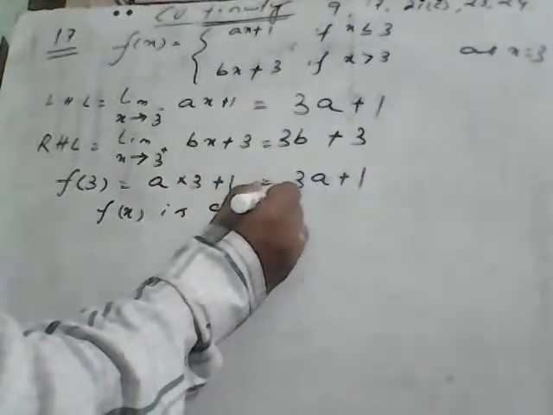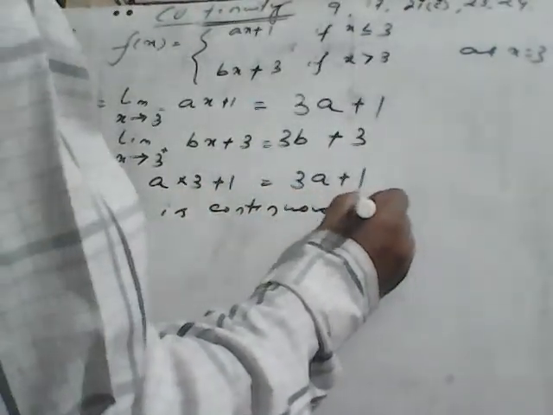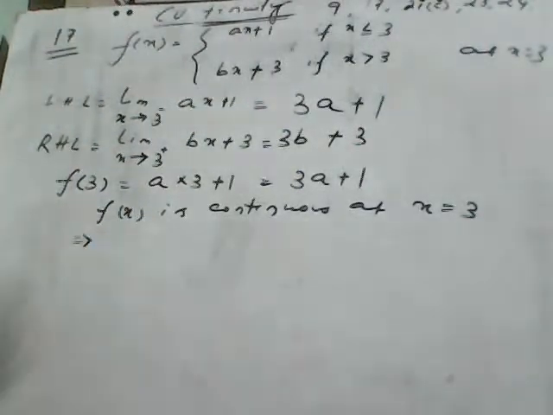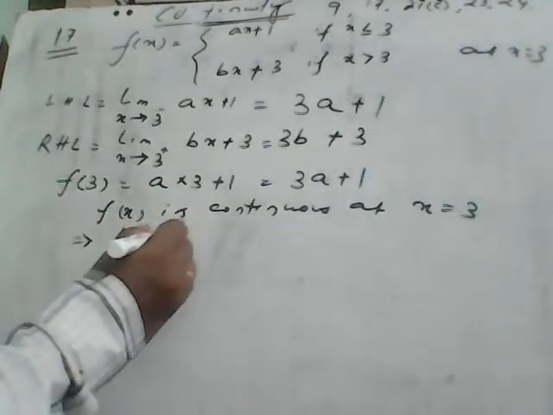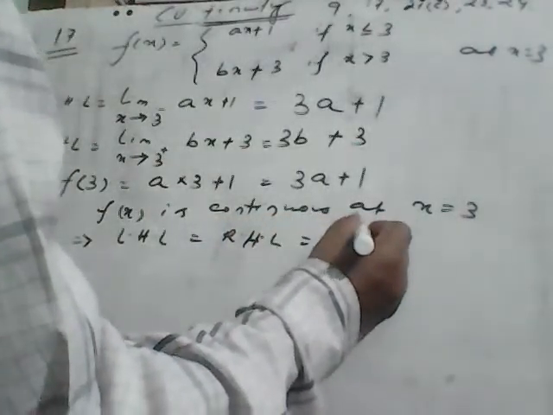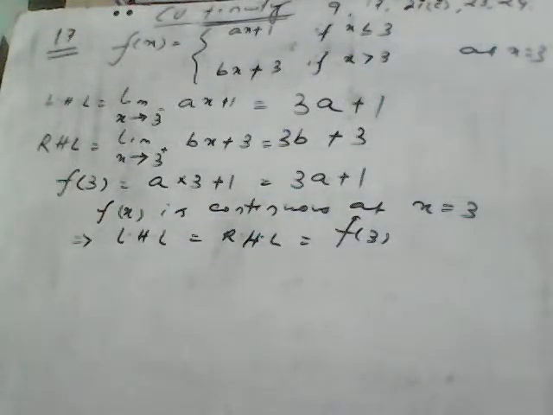You can write f(x) is continuous at x equal to 3, that implies left hand limit equals right hand limit equals f(3).